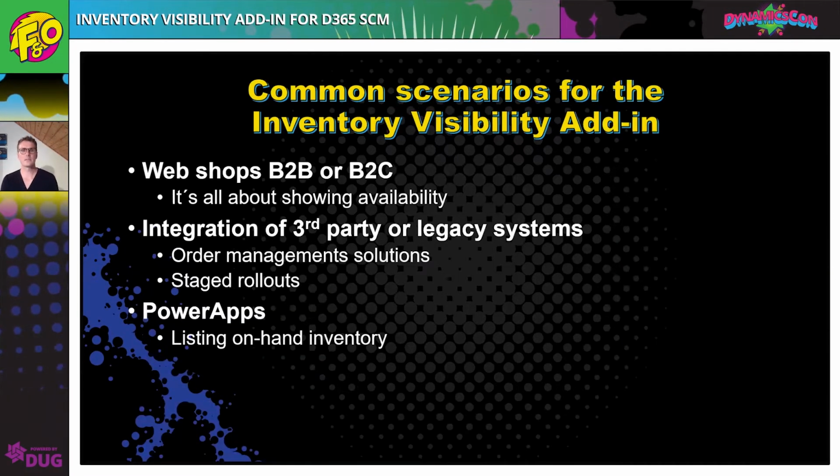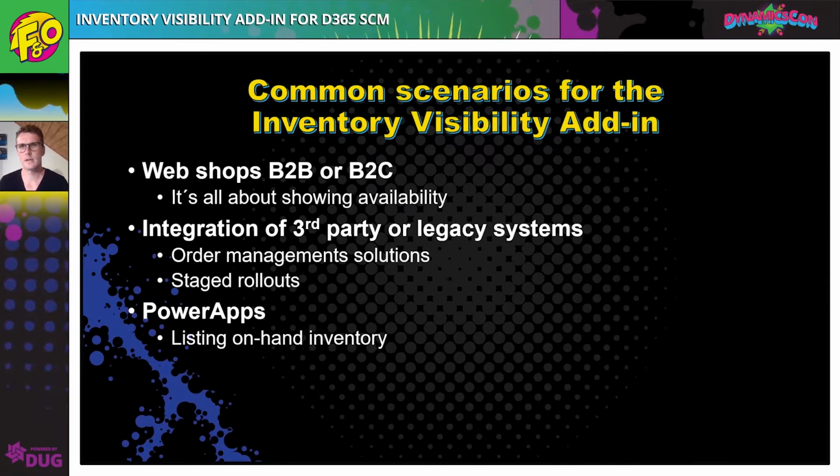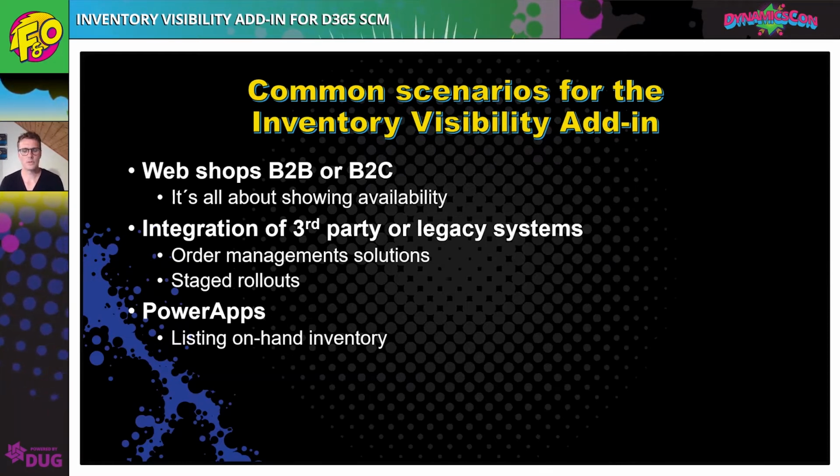The common scenarios of the inventory visibility add-in in our implementation projects are most likely web shops for B2B, so business to business, or B2C, business to customer, because in our project it is all about showing availability of items.